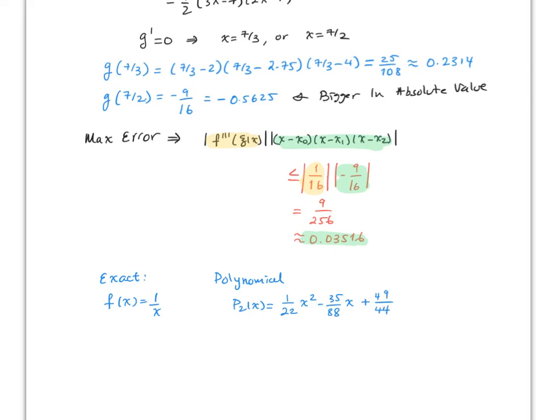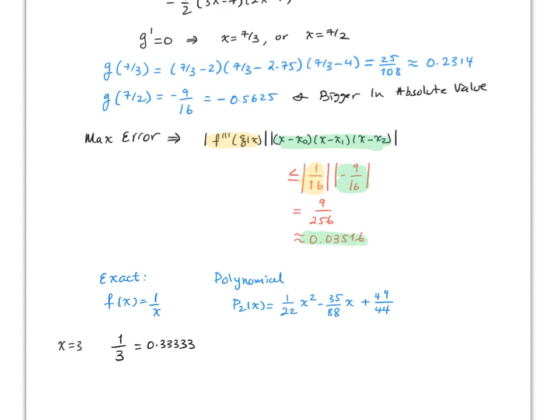Okay. And the exact value, so if x was equal to 3, the exact value is 1 over 3, which is 0.3333. Let's go to, let's say, 3 or 4 or 5 decimal places.